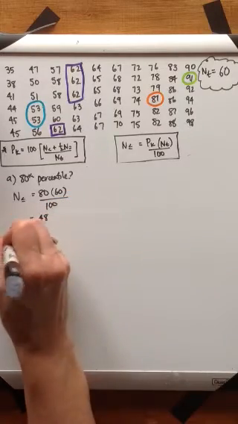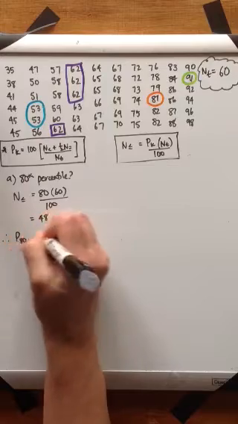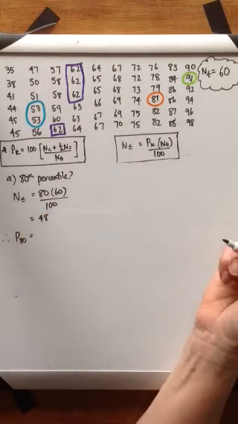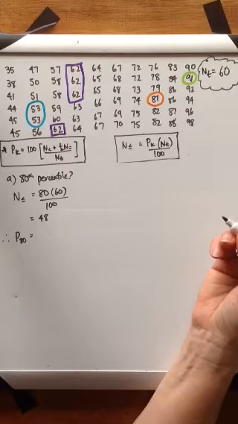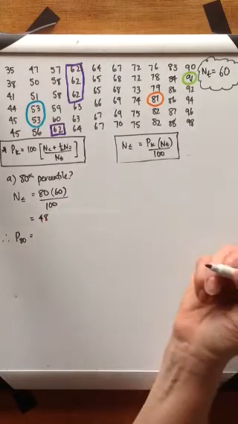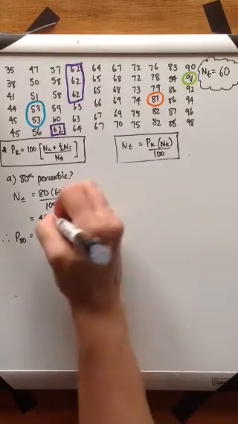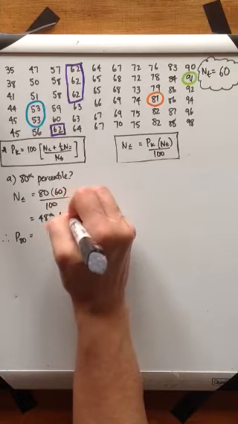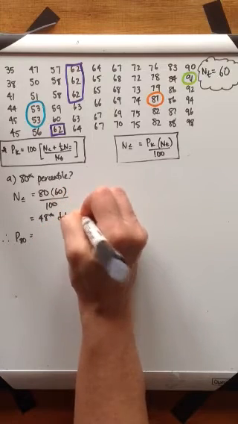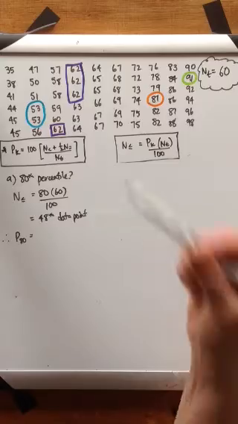And so therefore, we can say that the 80th percentile in this data set has a value of, not 48, but the value at the 48th data point. So we have to find out where that 48th data point is. And we're counting by sixes.